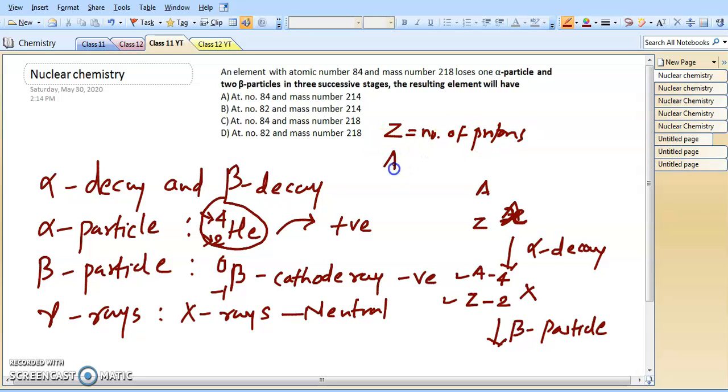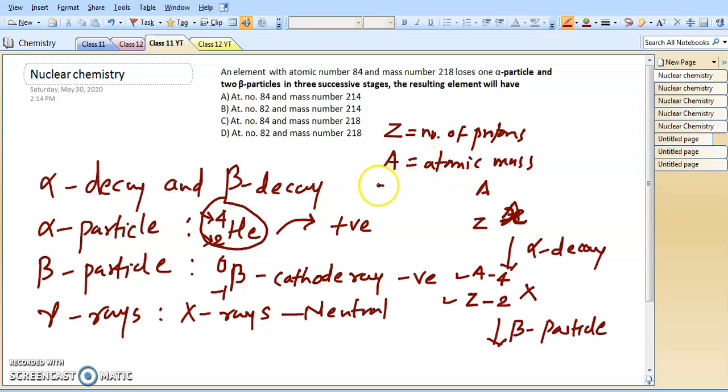And A is known as the atomic mass, which is equal to the number of protons plus the number of neutrons. So if beta decay happens, what will happen to Z and A?